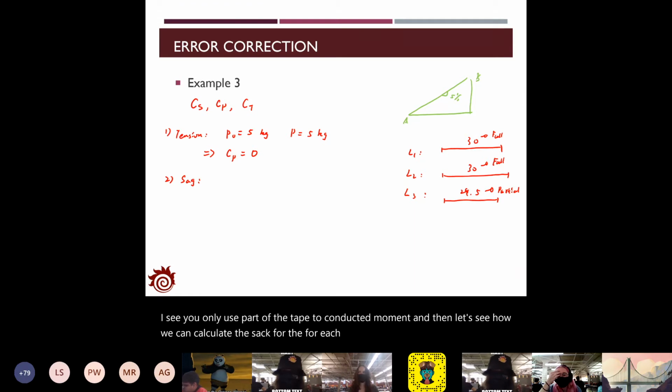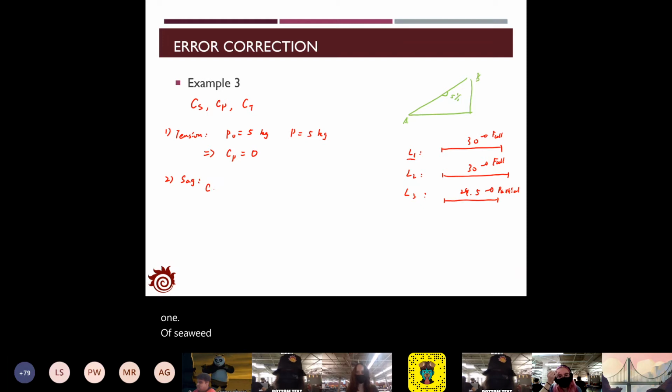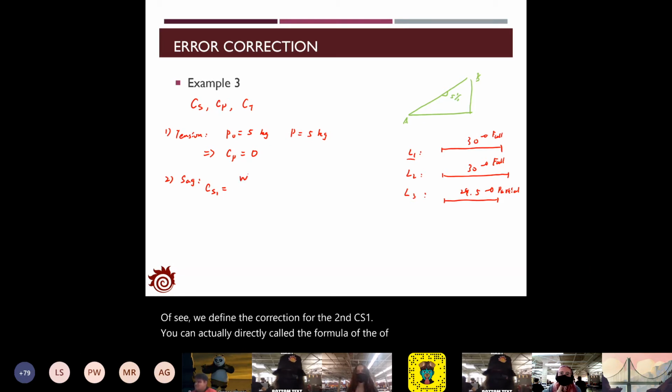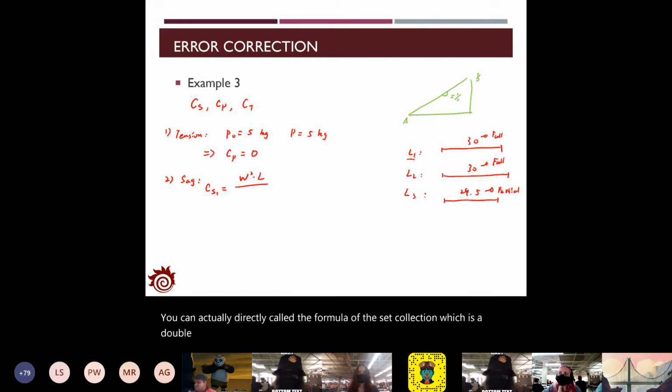First for measurement 1, we define the correction for the sag as CS1. You can directly call the formula of the sag correction, which is W squared times L divided by 24 times P squared.